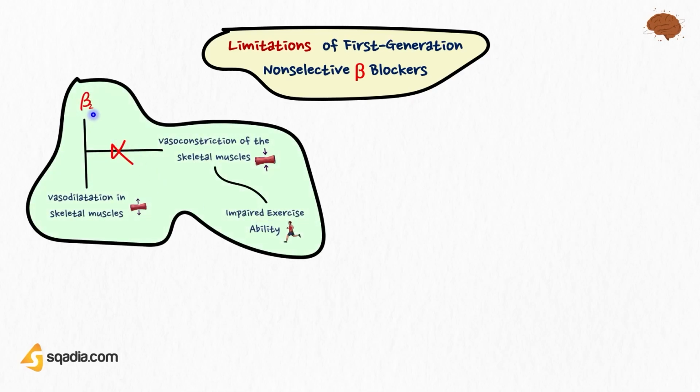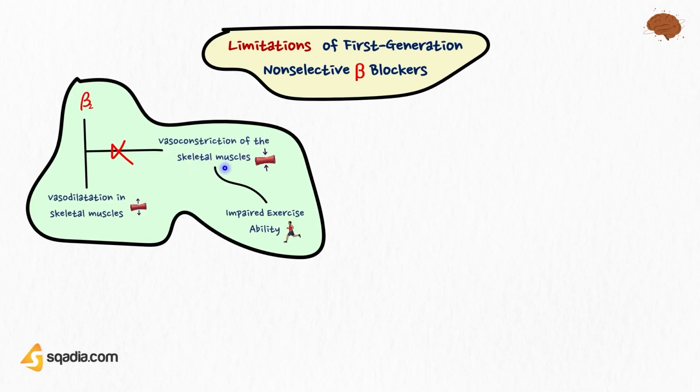Beta 2 receptors, already discussed, are present in skeletal muscles and vessels, and they cause vasodilatation, which is a sympathetic effect. Now, beta 2 stimulation causes vasodilatation. If you block them with non-selective beta blockers, they cause vasoconstriction in the skeletal muscles.